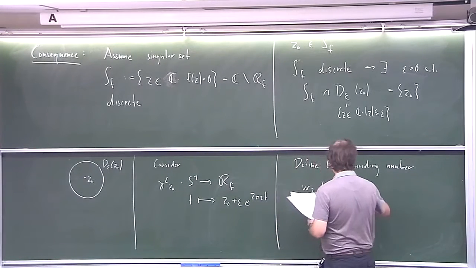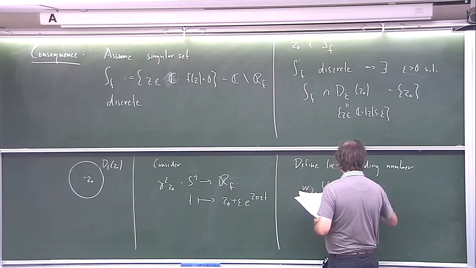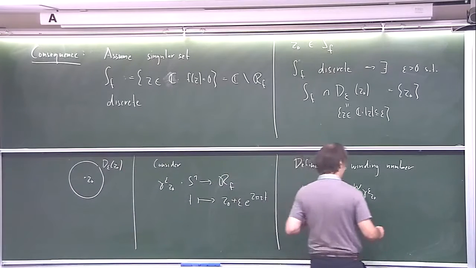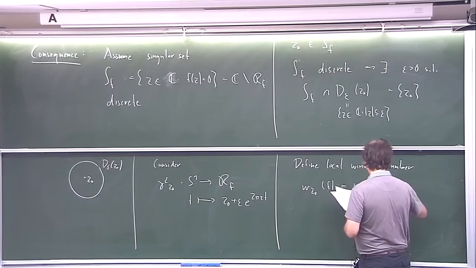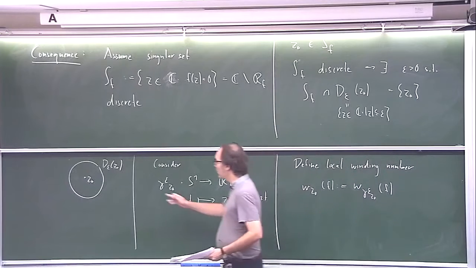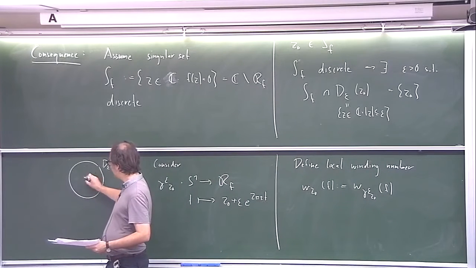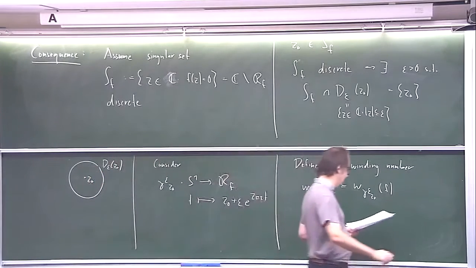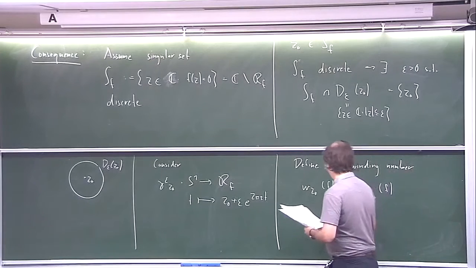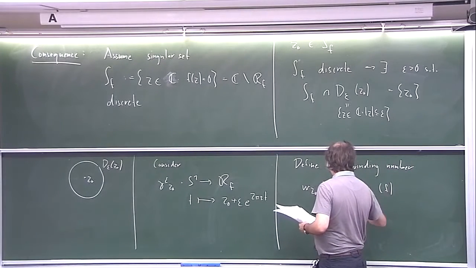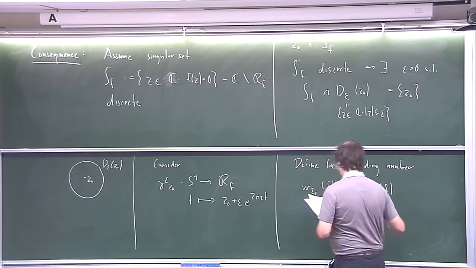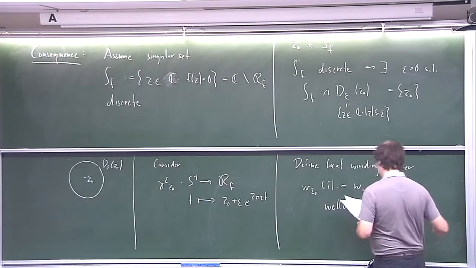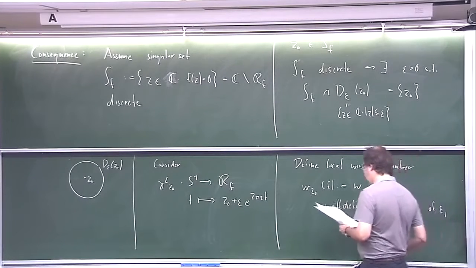This is just defined as the winding number around this loop around Z0. Because there are no other singular points in this ball, this is independent of epsilon. You can use another epsilon. So it is well defined, independent of epsilon by homotopy invariance.